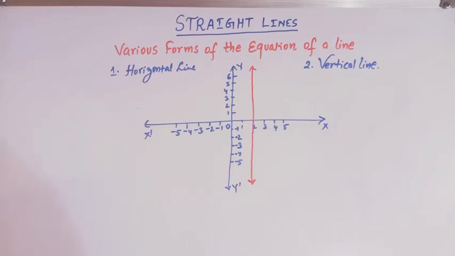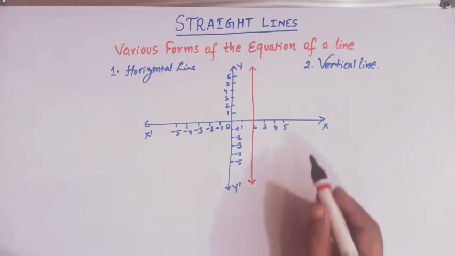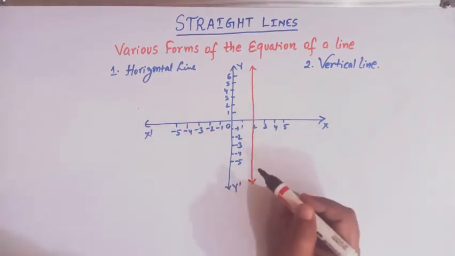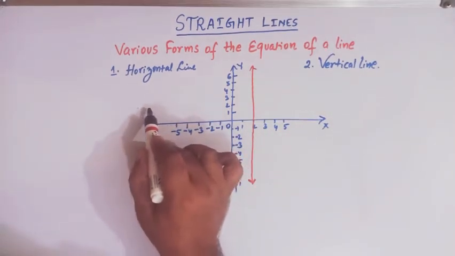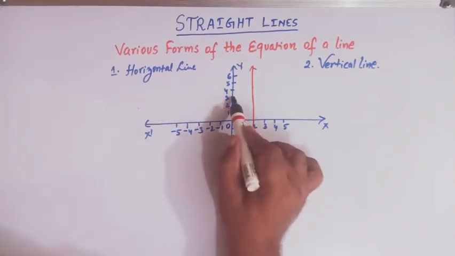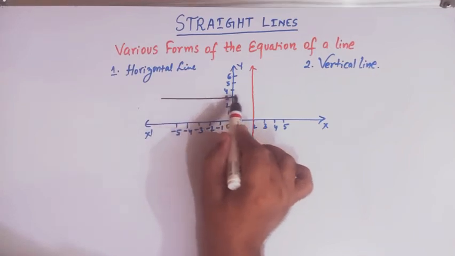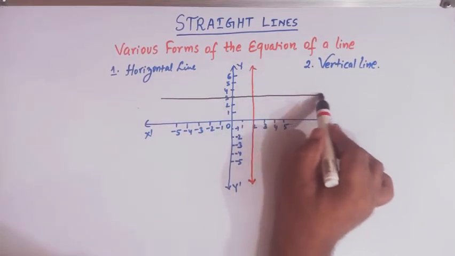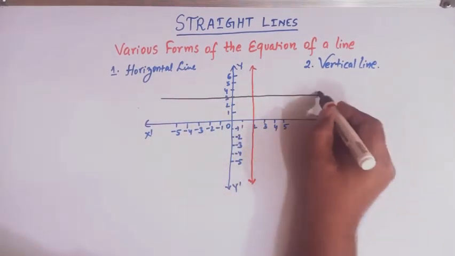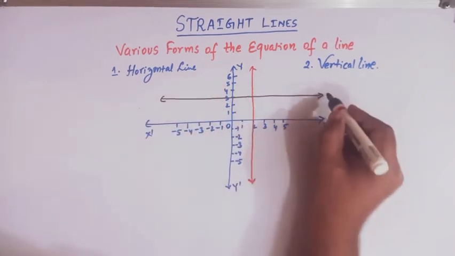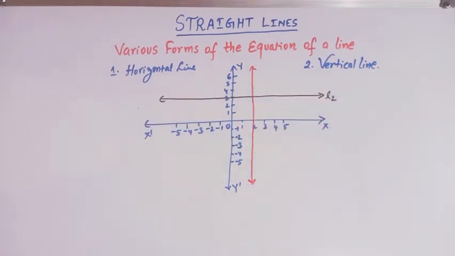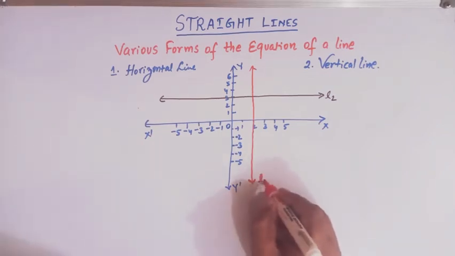Okay, now let me draw a line which is parallel to the x-axis, and suppose it passes through, say, y is equal to 3. Suppose it passes like this, and let us say this line is L2 and this line is L1, right?